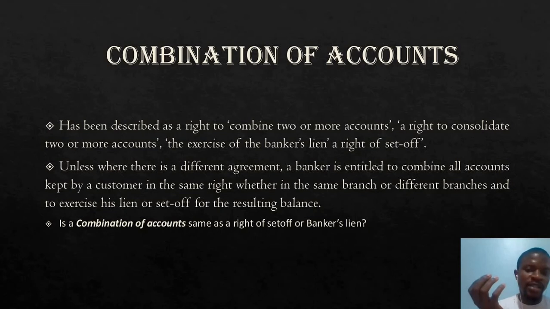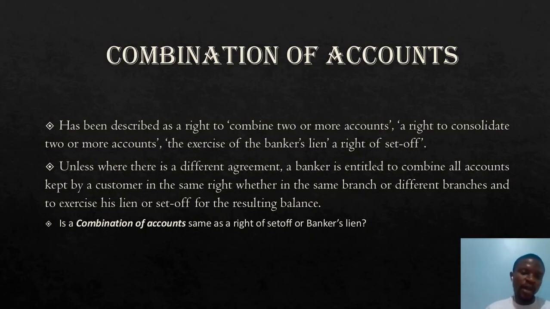Combination of account arises in a situation whereby a banker is able to carry all the accounts belonging to a particular customer, join them together, and from the joining of the running of these accounts together, that banker is able to eliminate, for example, monies that the customer owes the bank.